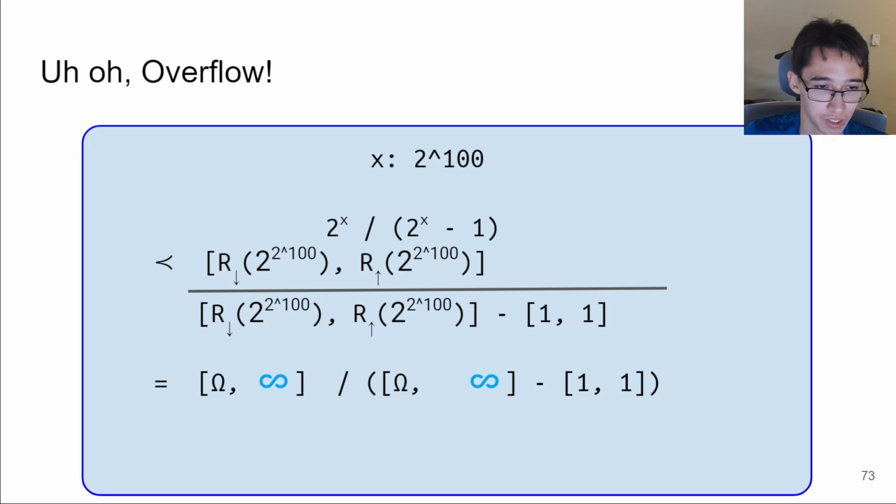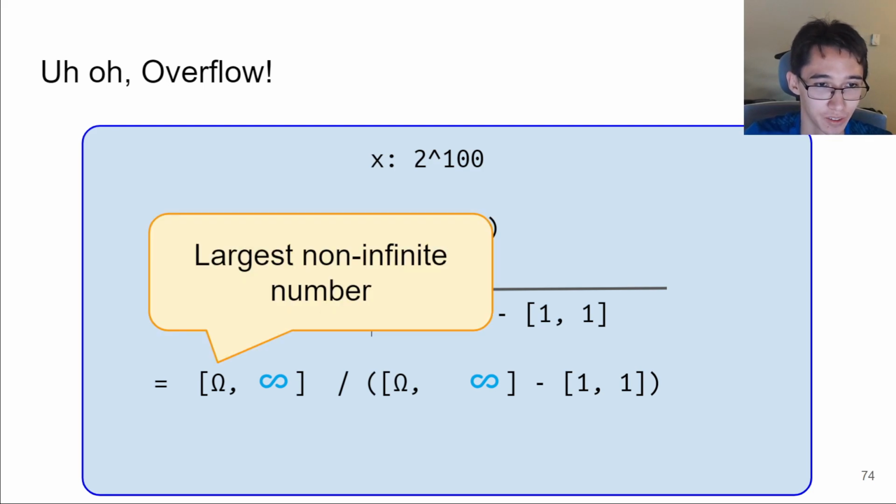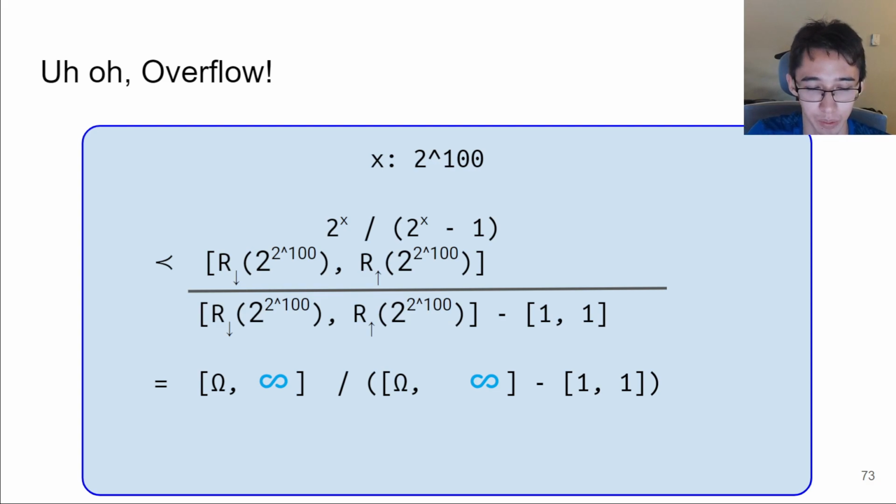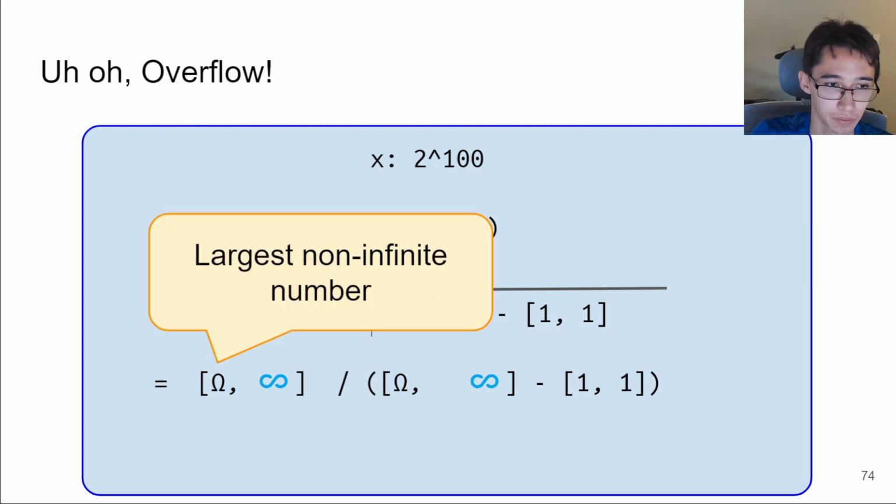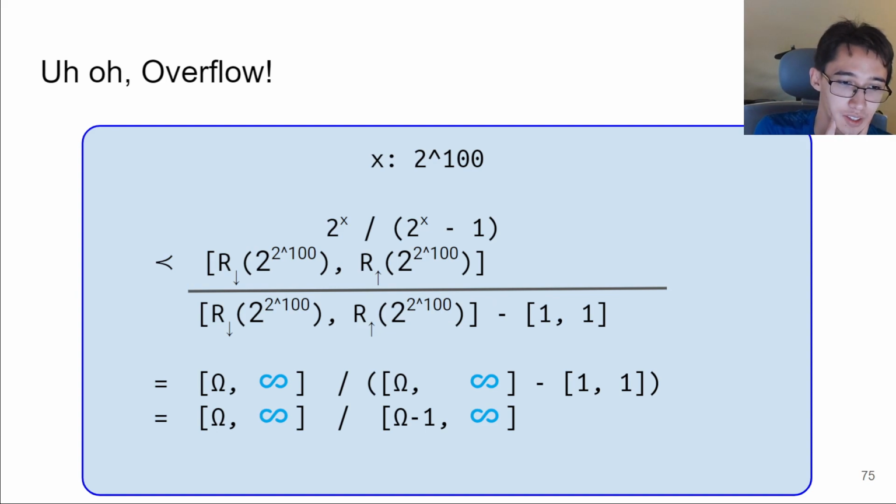So the intervals we get will be some omega, which is some largest non-infinite number, to infinity in the numerator, and similarly for the denominator, because we rounded some big number down and rounded some big number up. Next, we can perform the subtraction, and in the denominator we'll get omega minus 1.